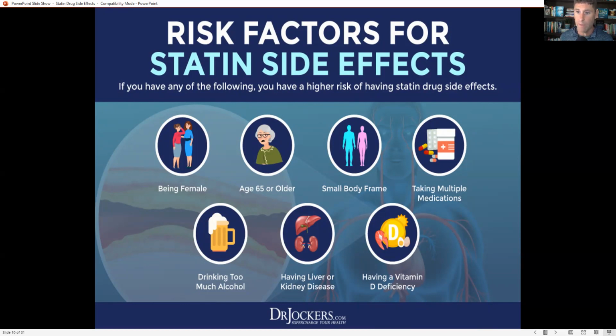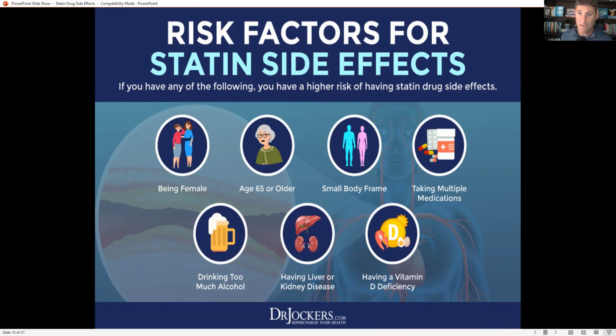If you're taking multiple medications, which most people taking a cholesterol lowering medication typically are, like blood pressure medications, different things like that. Oftentimes these are thrown in combination, and that is a risk factor for more side effects. Small body frame, having a previous liver or kidney issue is another major issue.